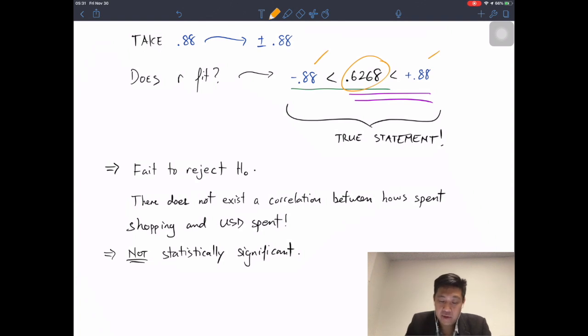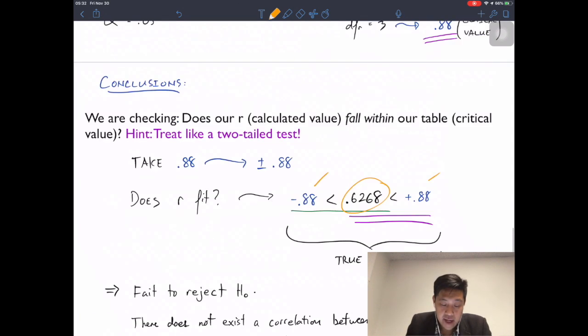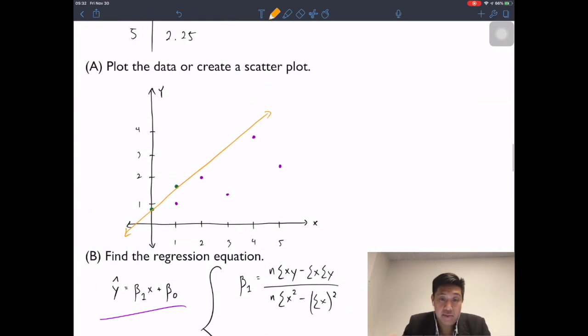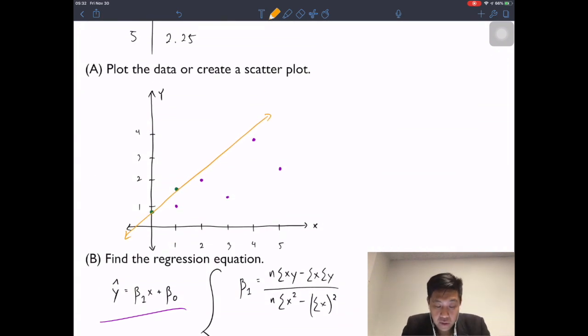So that means the fact that I'm going to scroll back up really quick, that it looks like the data is going to be in a positive correlation, statistically speaking, right? This is in terms of statistics. It might be true in real life in terms of everyday experience, whatever you would like to call it. But statistically speaking, it is not significant because that's what the data shows.